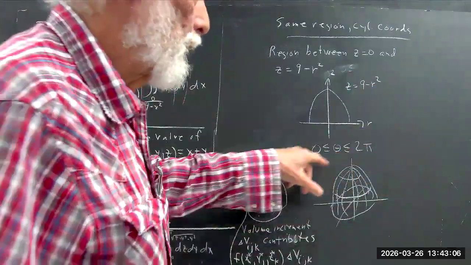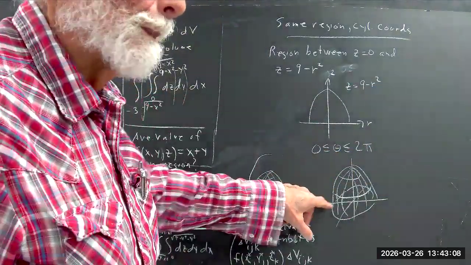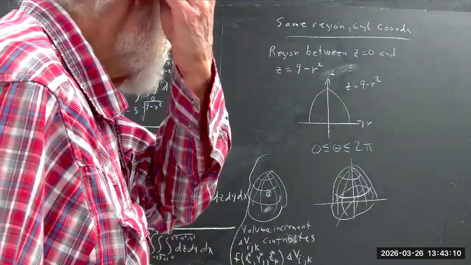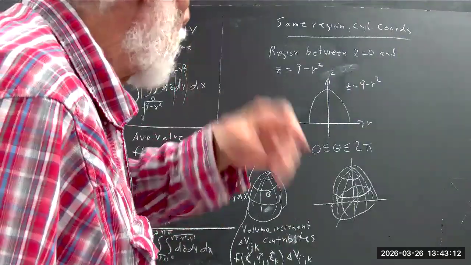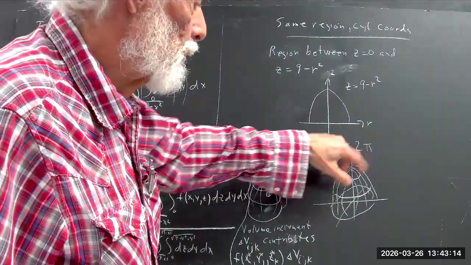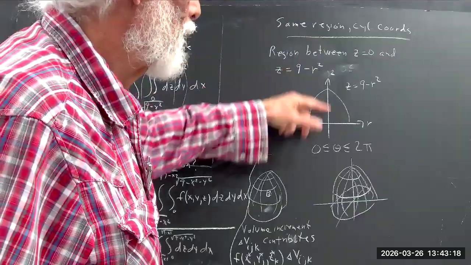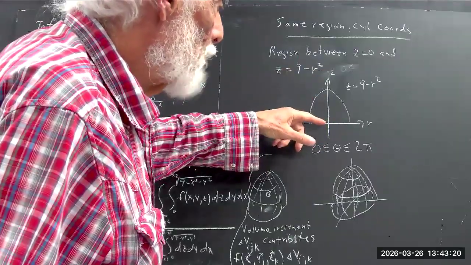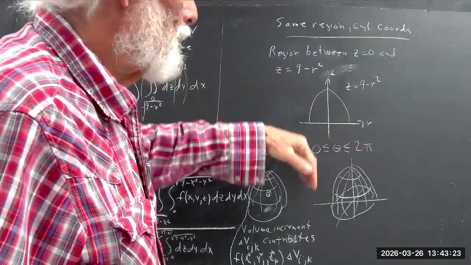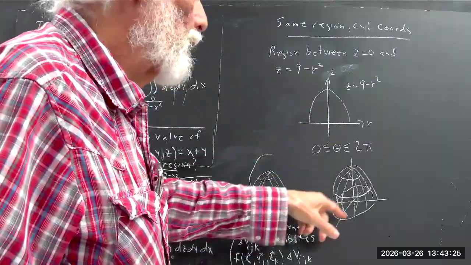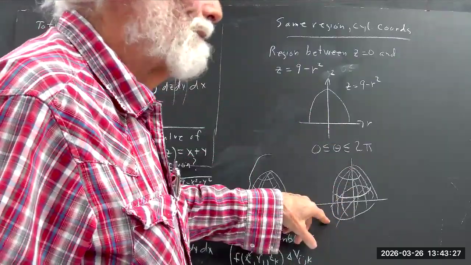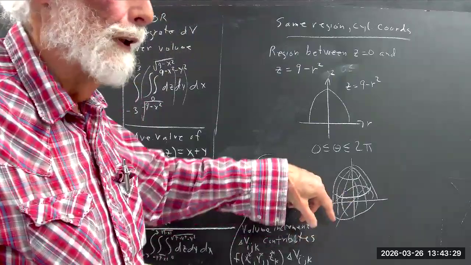This takes advantage of the symmetry and makes the integral much simpler. Since theta goes from 0 to 2 pi, you have this picture where your r vector, if you wish, makes every possible angle with the polar axis, say with the x-axis.